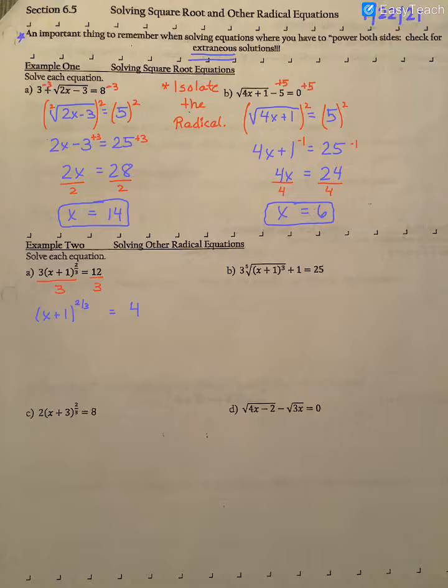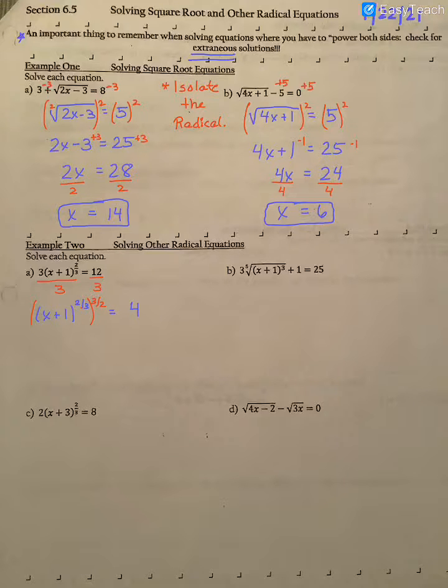But at this point, as I look at my exponent, I have an exponent of 2/3. And I need that exponent of 2/3 to cancel out. So we're going to raise to another exponent. And if I want my 2/3 to cancel out to be a 1, I'm going to raise to the reciprocal power, which means I'm going to take this 2/3 power and raise it to the power of 3/2.